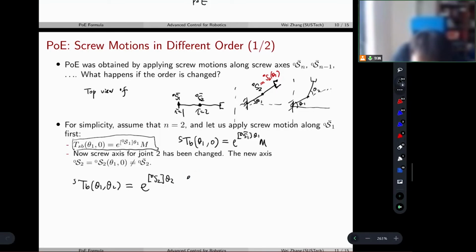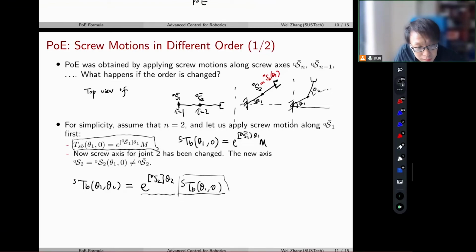This is T_BS at theta 1, 0. So after you rotate about the first joint by theta 1, that's your configuration. Now you rotate here by theta 2, then you apply the screw motion again. Is this correct? Yes, it's correct.